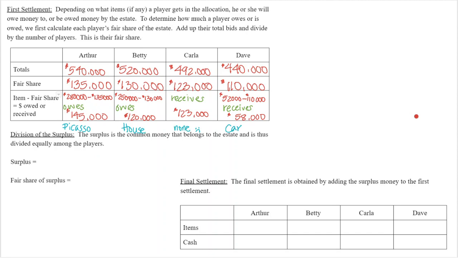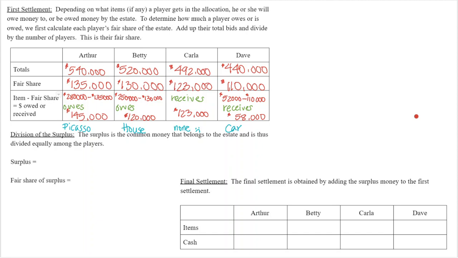So, doing the same thing with the other siblings. Betty got the house, which she thought was worth $250,000. Her fair share is only $130,000, so she owes $120,000 in cash. Carla got none of the items, so her fair share, which is $123,000, she deserves all of that amount in cash.